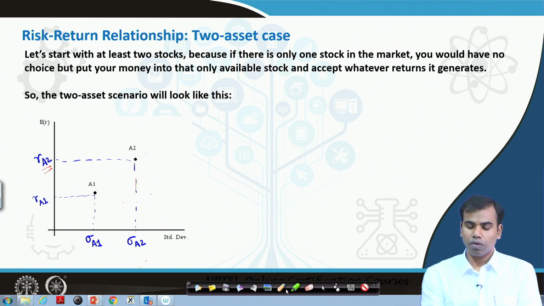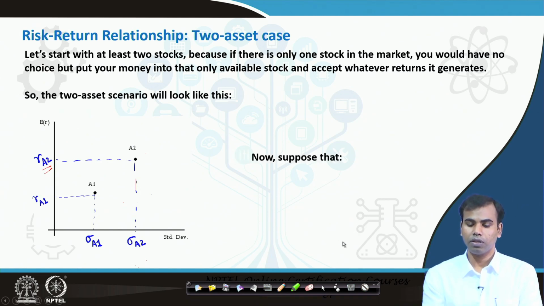So, when we have two assets, asset 1 and asset 2, and associated return and risk characteristics, we can also indicate this through a simple numerical example.